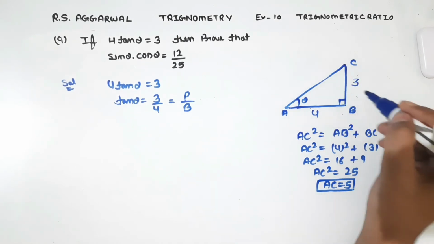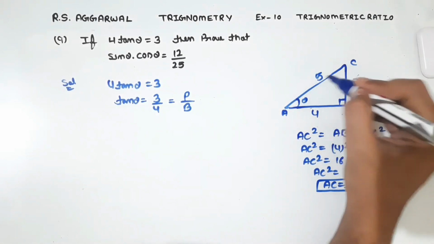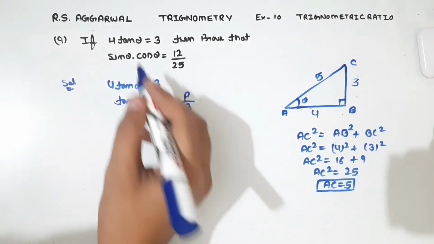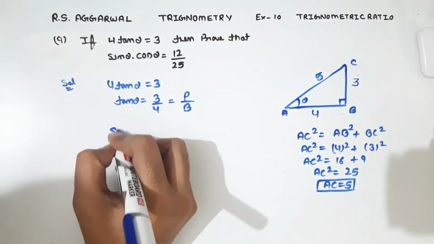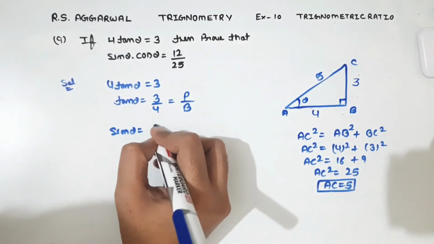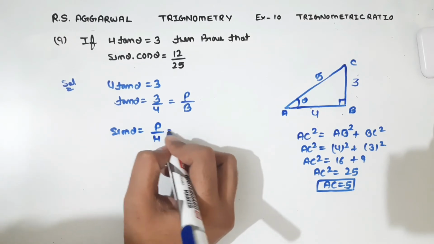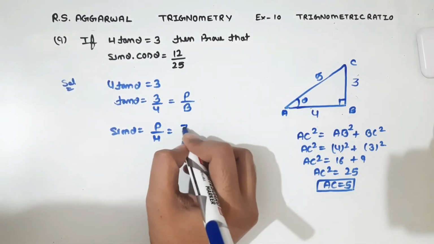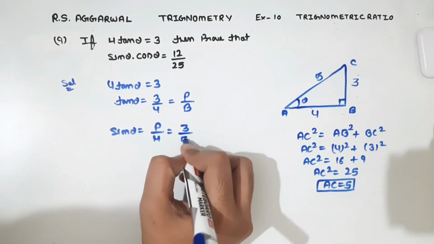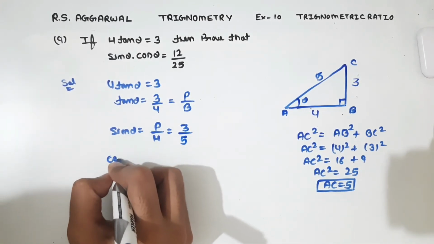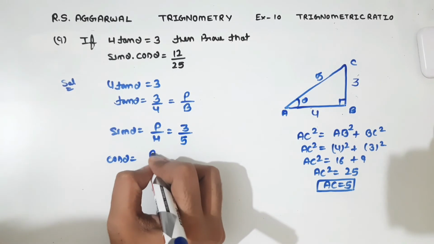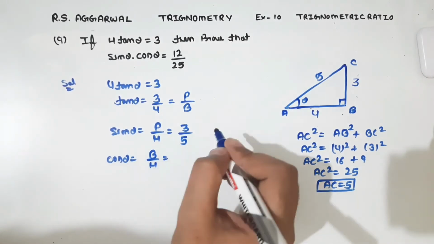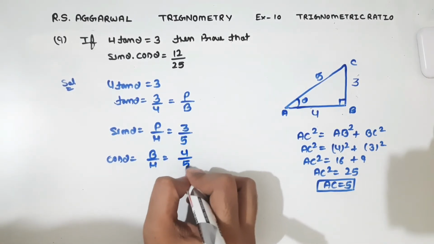So this is our hypotenuse. So from here sin theta will be perpendicular upon hypotenuse, that is our perpendicular is 3 and hypotenuse is 5, and cos theta, that will be equals to base upon hypotenuse. Our base is 4 and hypotenuse is 5.